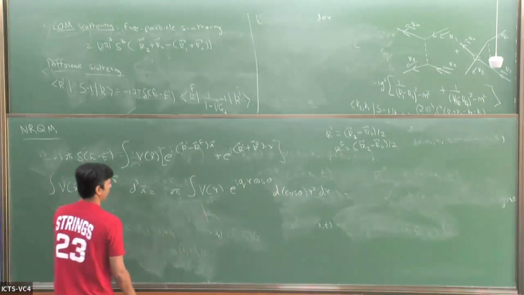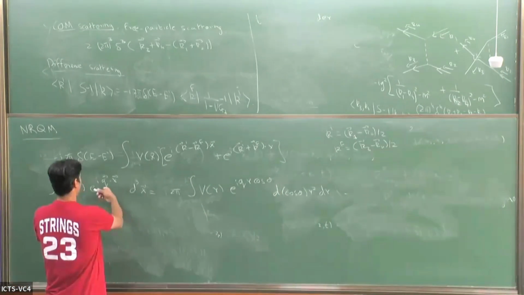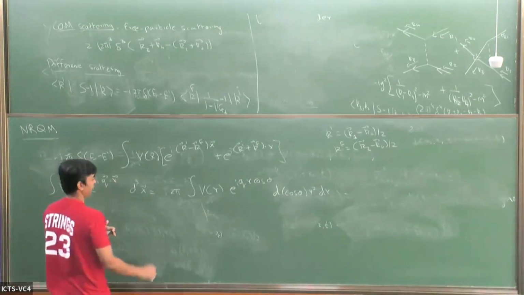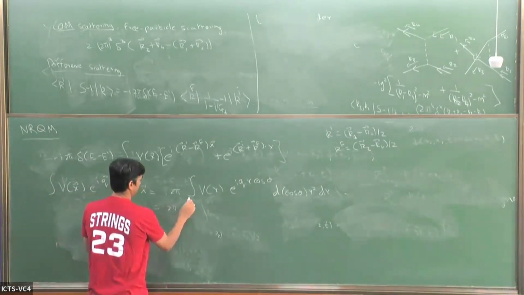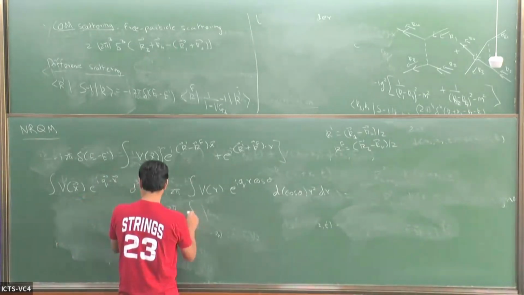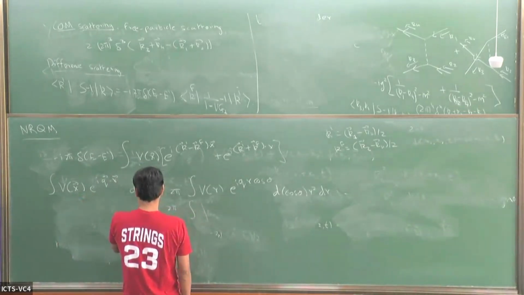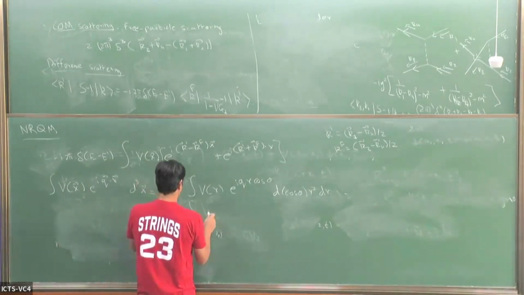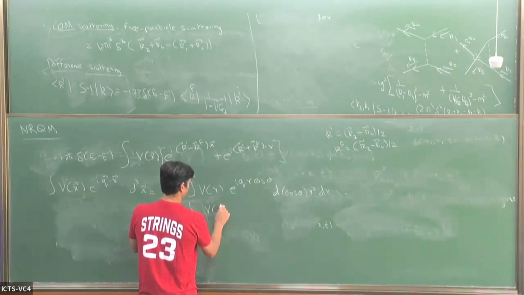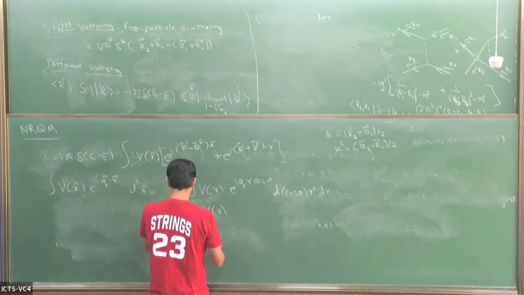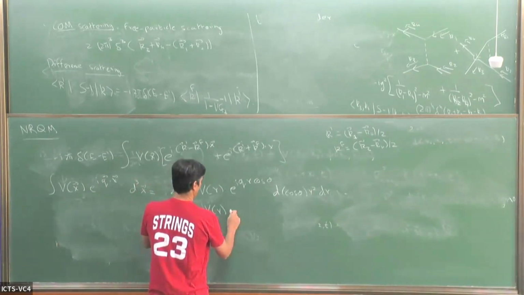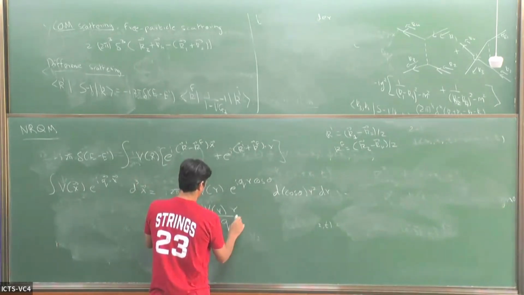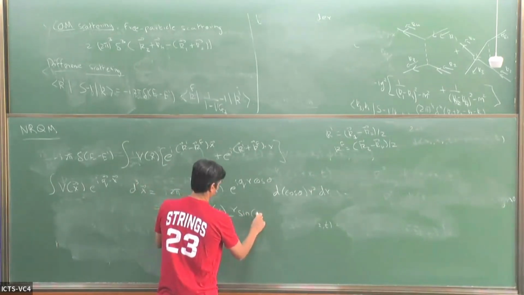This is because you can always choose the axes of q and x to be aligned with each other. And this looks like 2π times, actually 4π times, the integral of V(r) times (r/q) sin(qr).